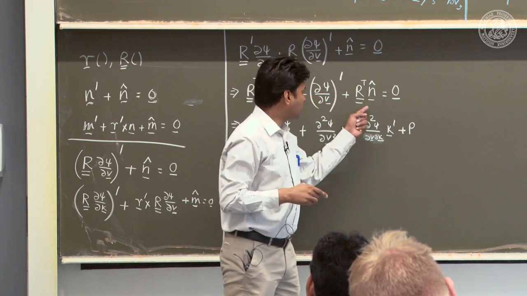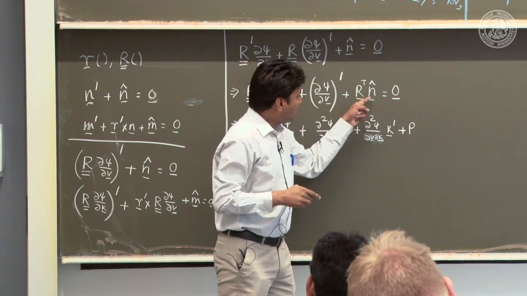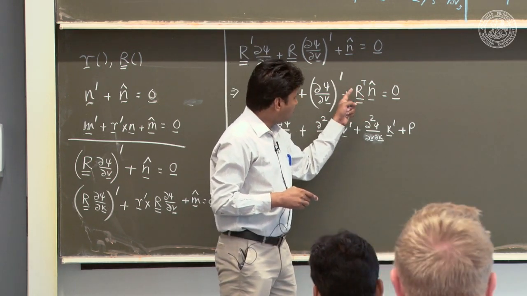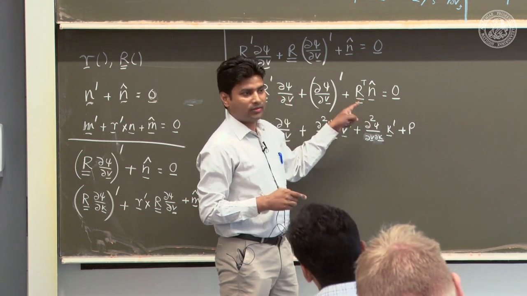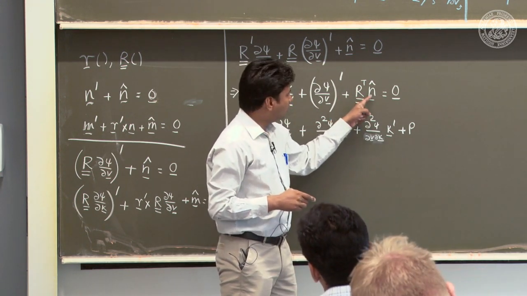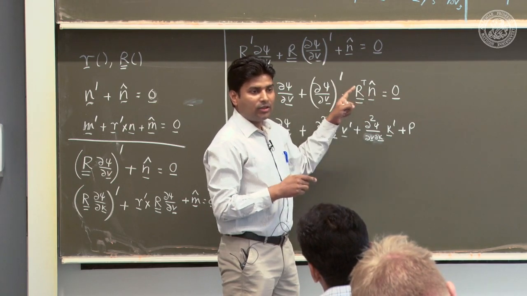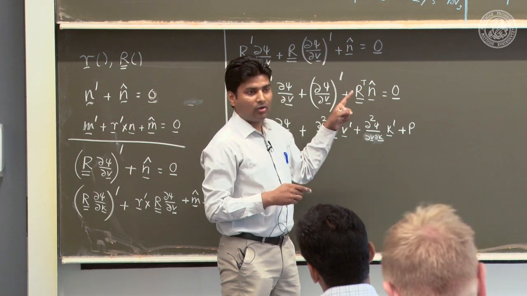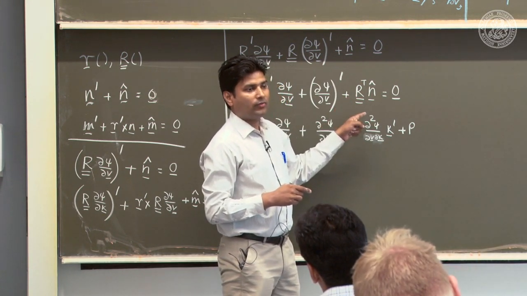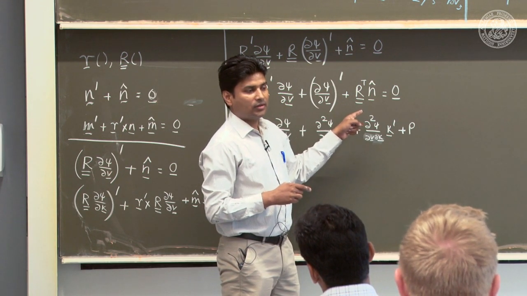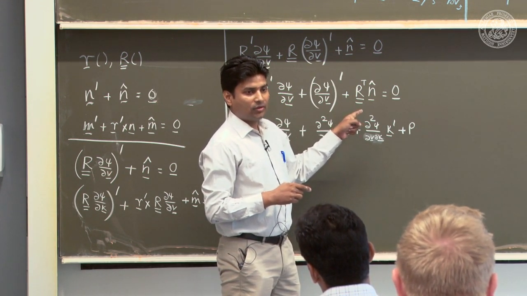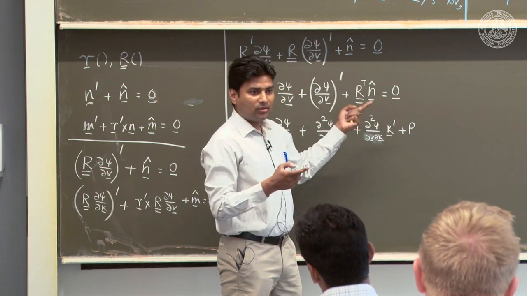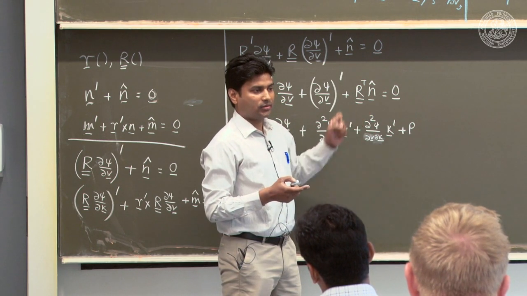So, you know what this is doing? You had your distributed load and it's being rotated back with big R. So if you write your distributed load in the local frame of directors, this is going to give you the components of the distributed load in the local frame of directors, isn't it? Whenever you have a vector, you do big R transpose n hat, you get the components in the local frame of directors.